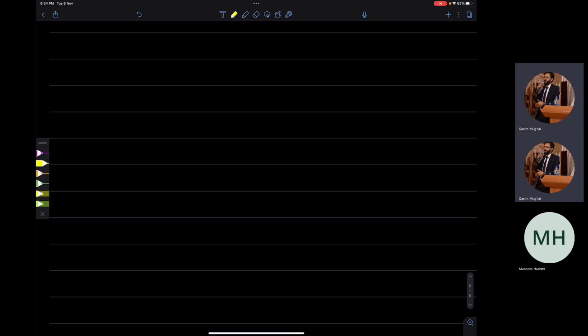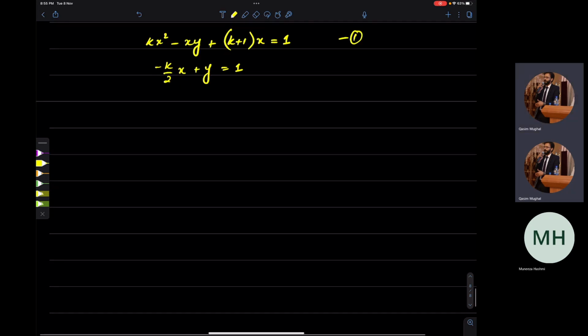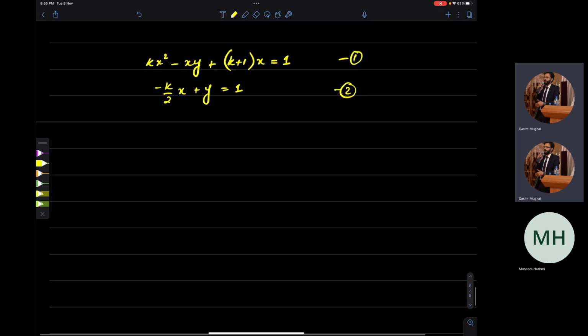Yes. All right, so the first equation is kx squared minus xy plus k plus 1 times x equals 1. And the second equation is minus k over 2 x plus y equals 1. Now the examiner is saying the first part is to find the value of k, and it's non-zero. So I'm going to rewrite equation 2 and make y the subject.